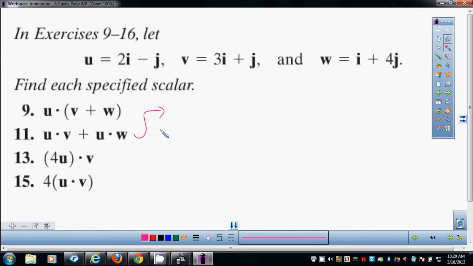So u dot v first. u dot v is 2 times 3 plus negative 1 times 1. Plus u dot w, which is 2 times 1 plus negative 1 times 4.